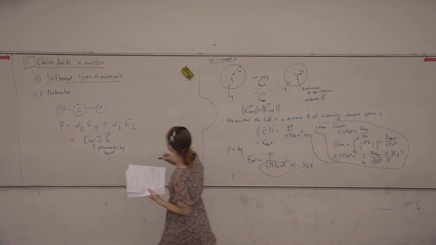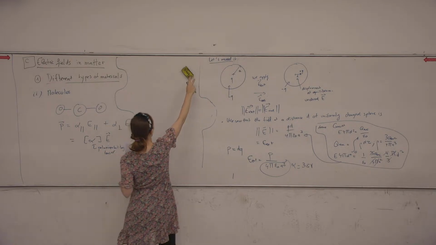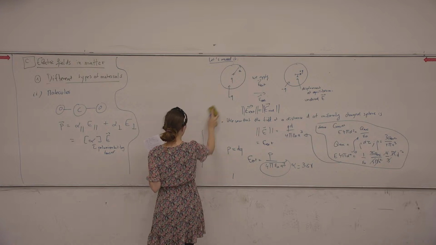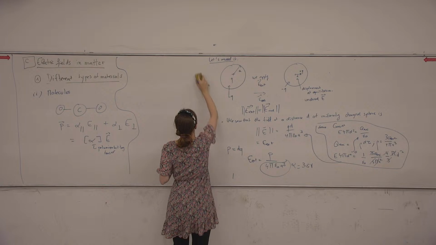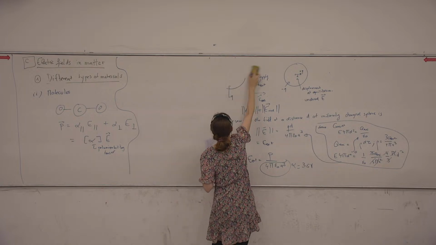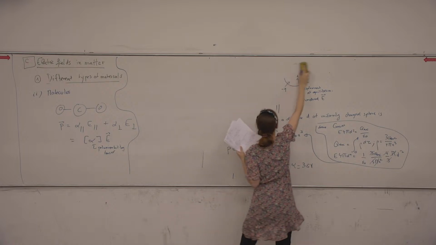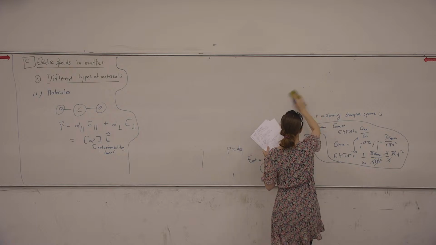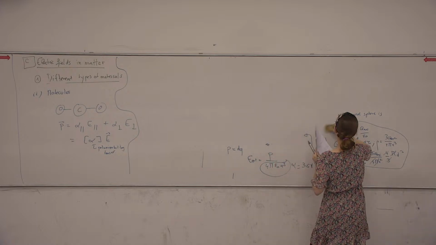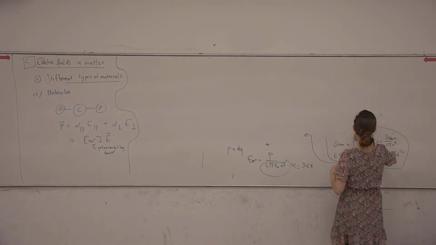Okay, now we talked about apolar material. Now, what is a polar material? Can I erase this? A very good example of a polar material is water. We said that in an apolar material we don't have an intrinsic polarization.